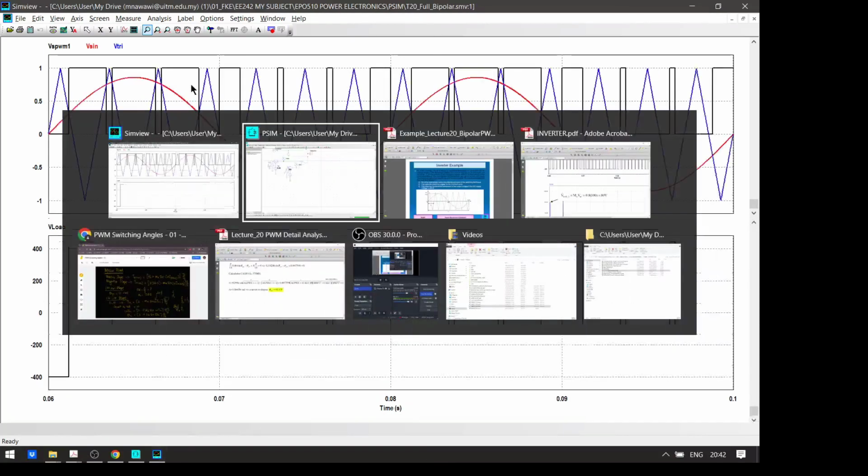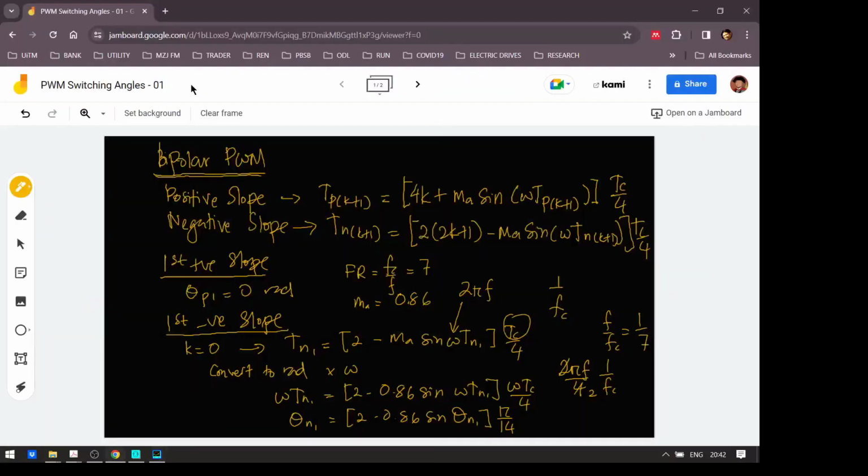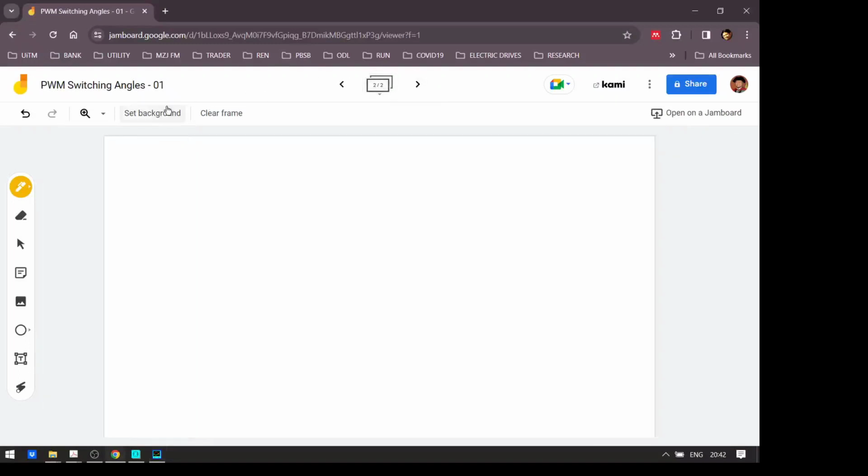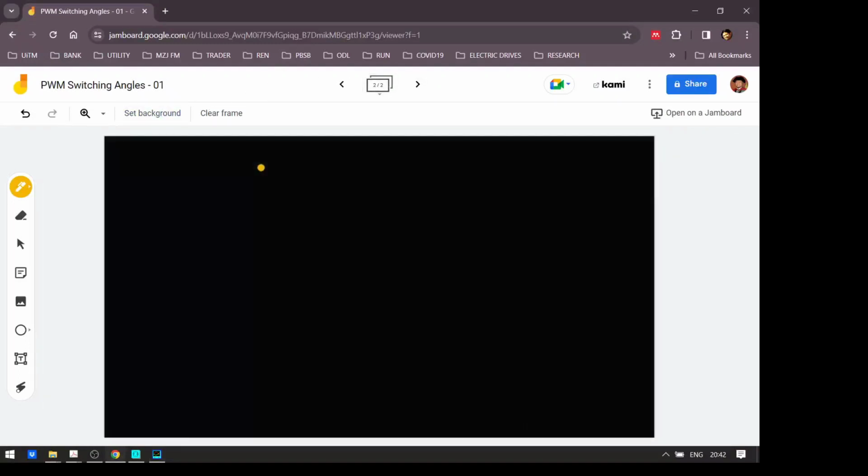Let me go back to the Jamboard. So let's set the background, change to that. Okay, so now we're going to write the Fourier series. We're going to do the Fourier series for the output voltage V out bipolar PWM.